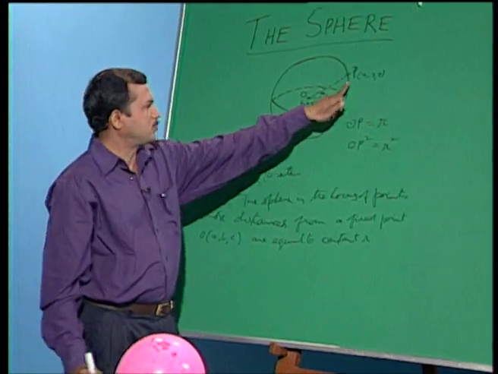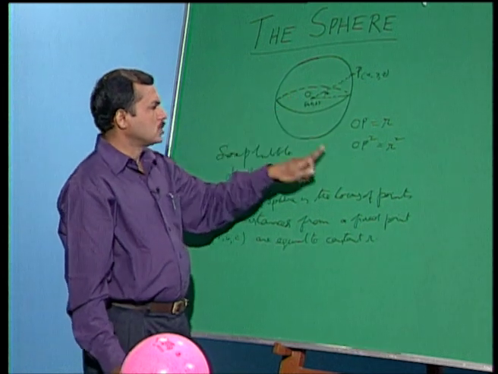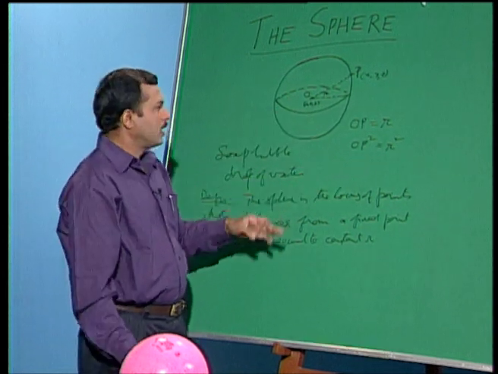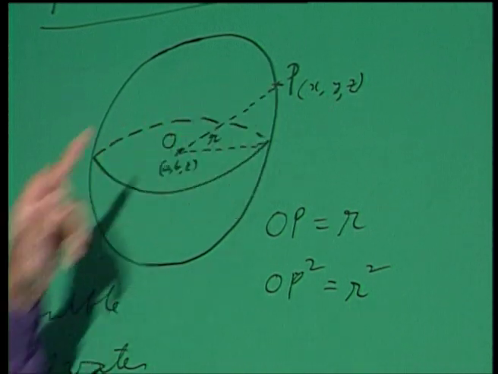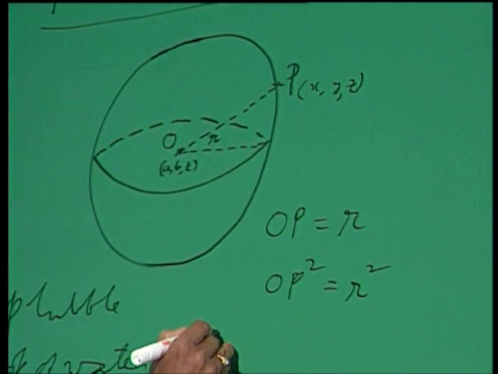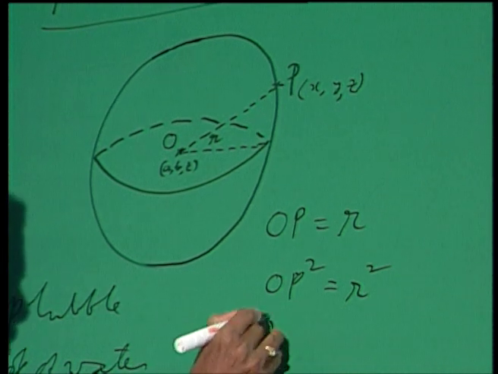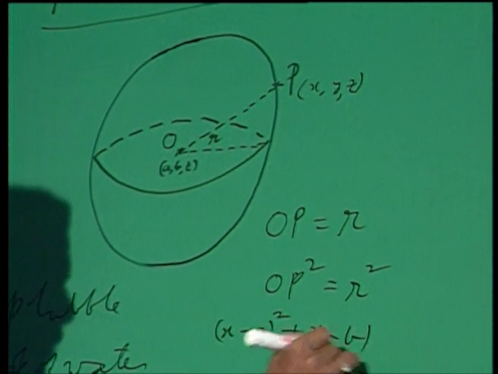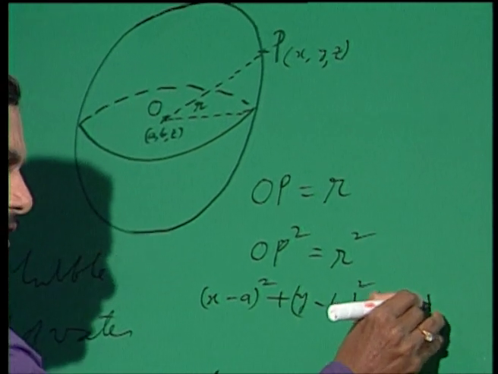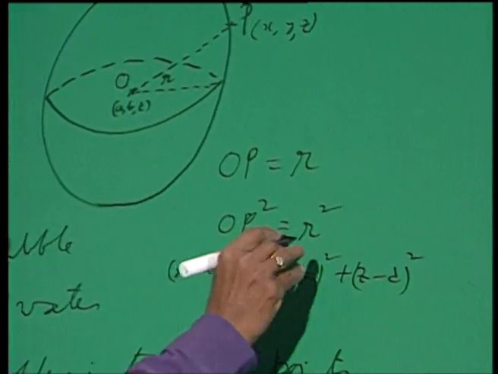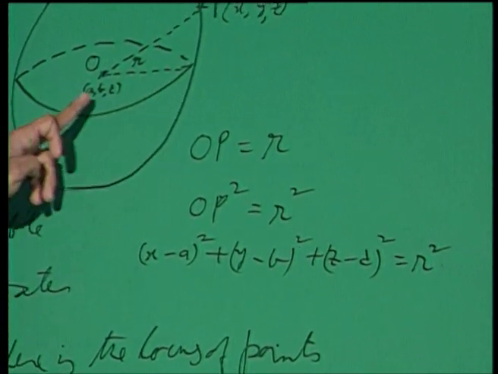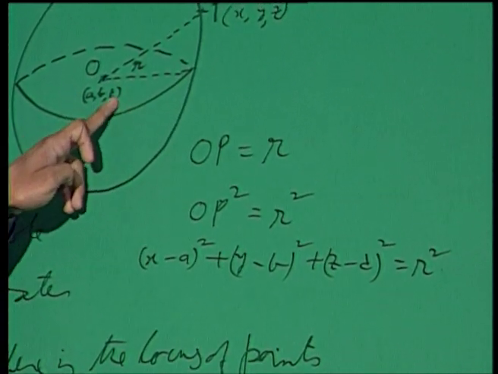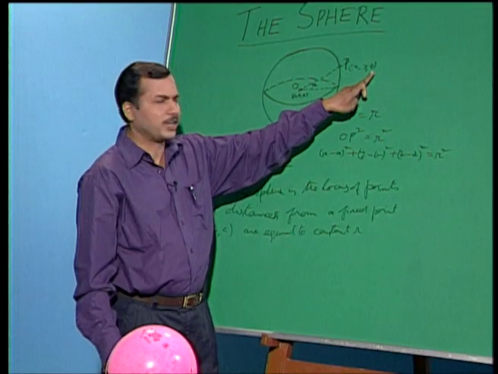We know the coordinates of P, we know the coordinates of O, so we can write down what is OP square. That OP is the Euclidean distance between the points O and P. Therefore, OP square becomes (x minus a) whole square plus (y minus b) whole square plus (z minus c) whole square, is equal to r square. O is the point, the ordered triple a, b, c, and P is the point, the ordered triple x, y, z.